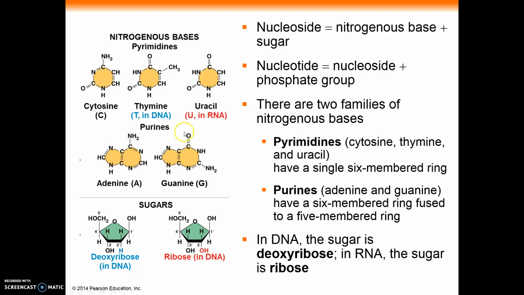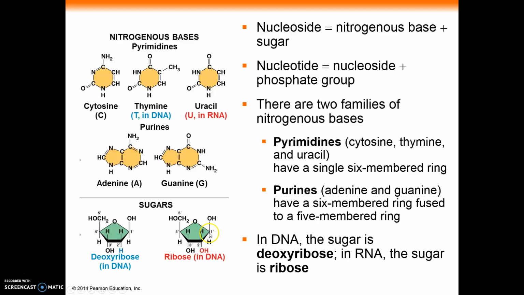The other part of this is the sugars, and the sugars are different between DNA and RNA, and that is actually what contributes to the name difference, the D and the R. So this right here is something called ribose. It's a 5-member sugar, so 1, 2, 3, 4, 5.